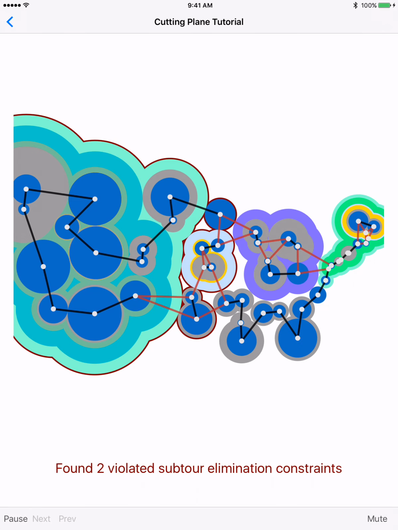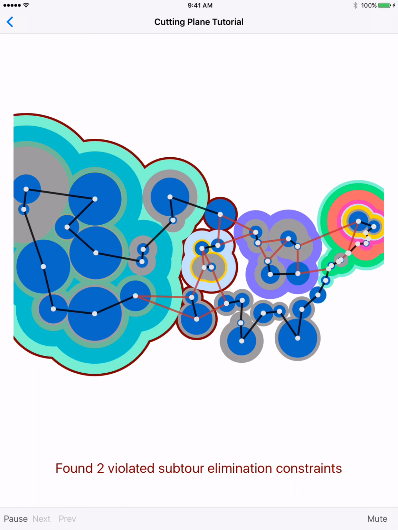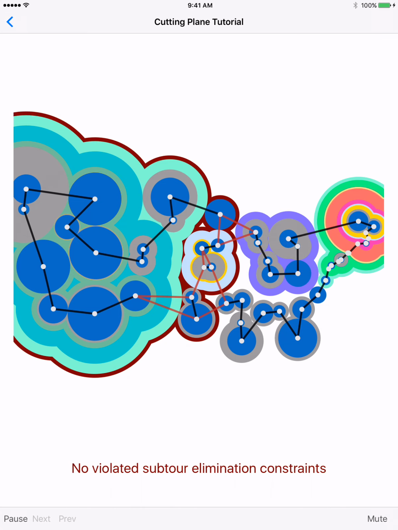Yes. Connected. But with 2 violated subtour constraints. We are not quite home. The LP now produced a 3-component solution. Connected again, but the solution has 2 violated subtour constraints. Finally, the fractional tour satisfies all subtour elimination constraints.